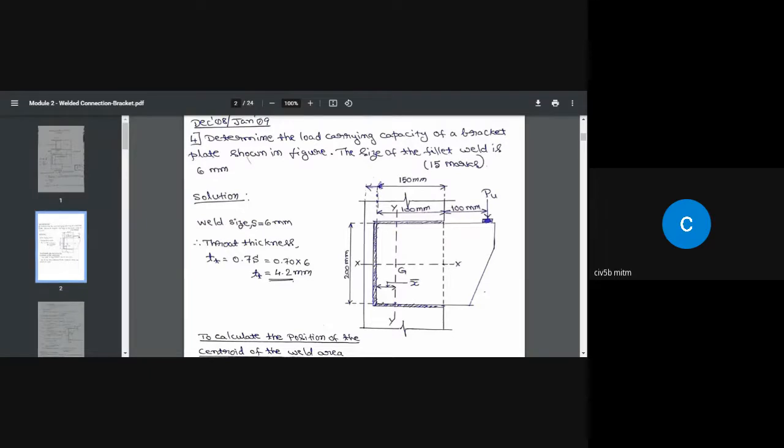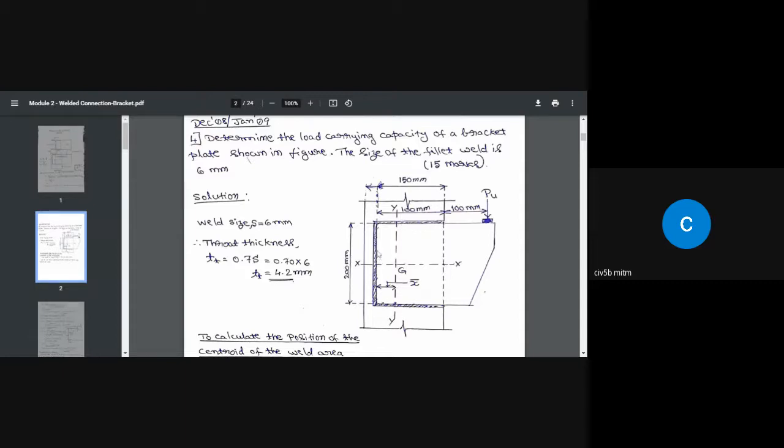So the first thing we need to do is find the centroid of the weld. This weld is symmetric about the x-axis. Once it is symmetric about the x-axis, the centroid of the weld falls somewhere along the axis of symmetry. At what distance, where exactly along this line it falls, we need to find out. For that, we need one more line.